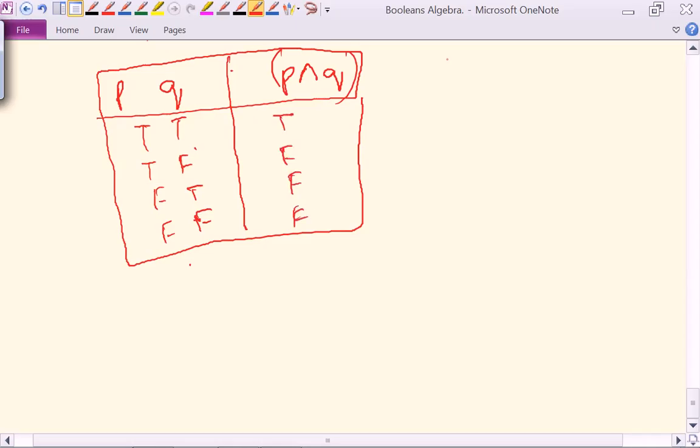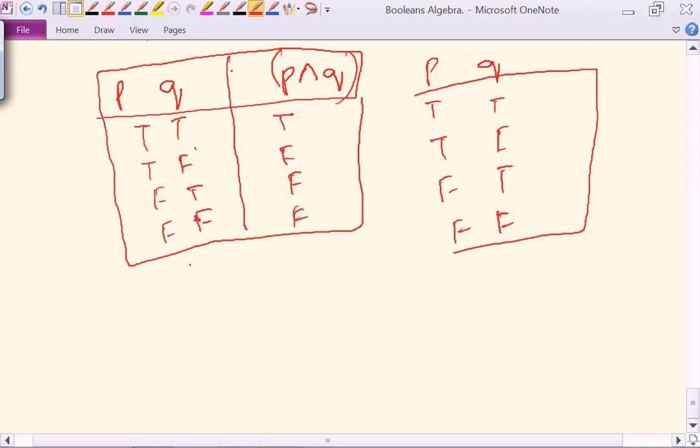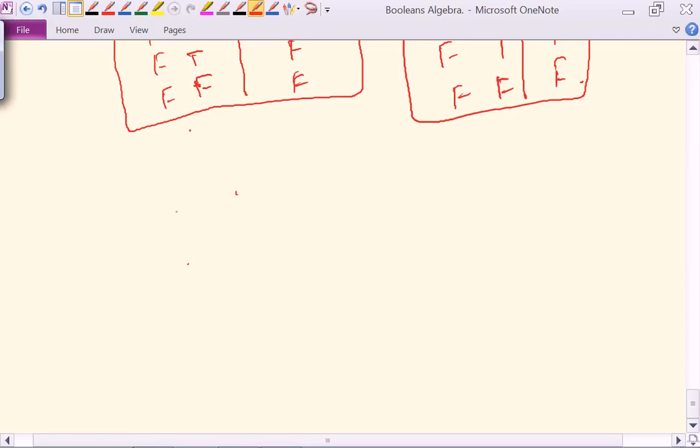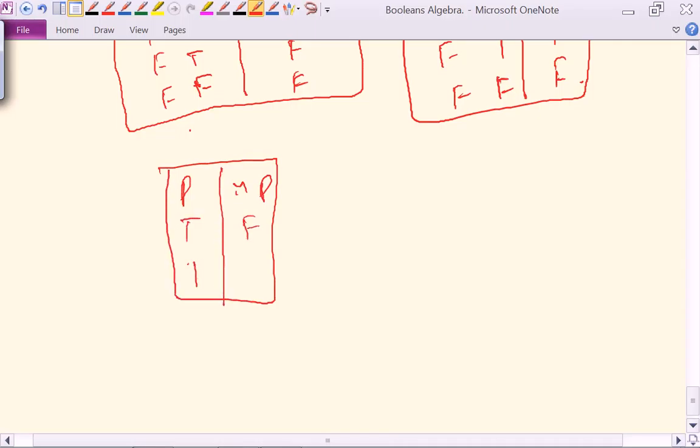For the disjunction, P or Q, the first three will be true and the last will be false. For the negation of P, if it is true, it becomes false, and if it is false, it becomes true.